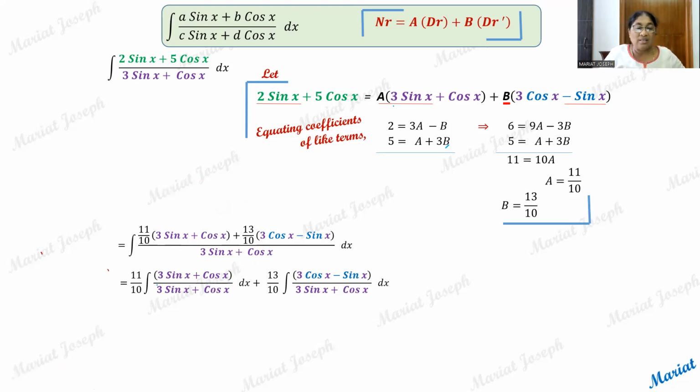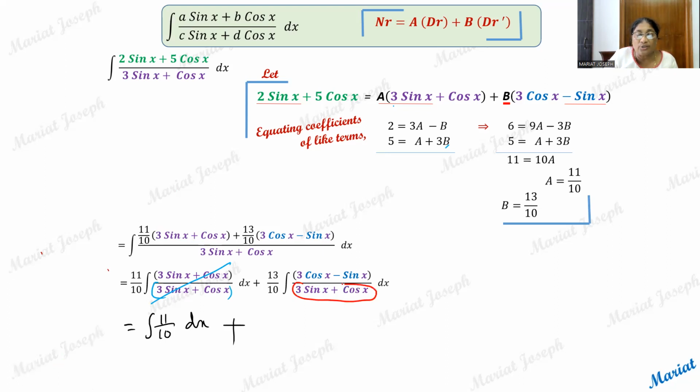Why? What is the benefit? See, the whole thing is cancelling, the 2 factors. So the first term is only this much, integral of 11 by 10 dx. Done. Plus, in the second one, we are going to use the denominator as u.